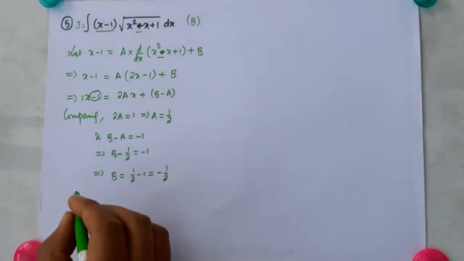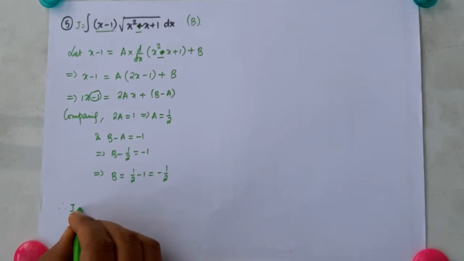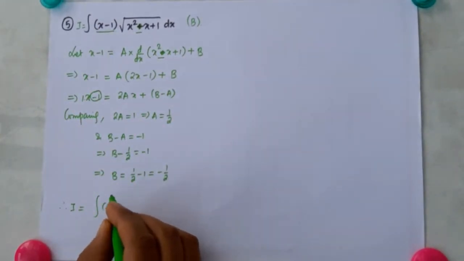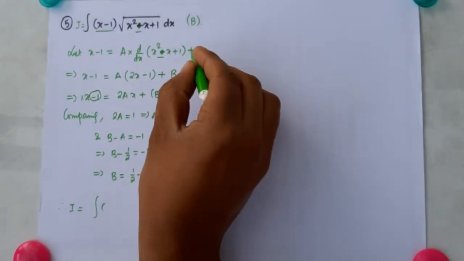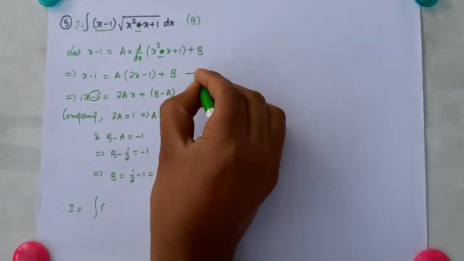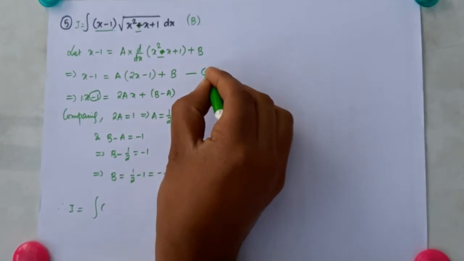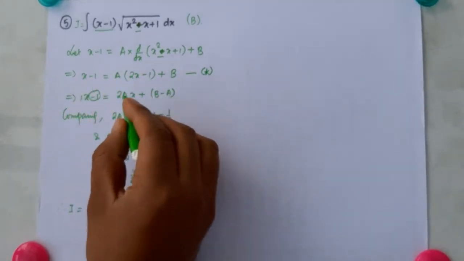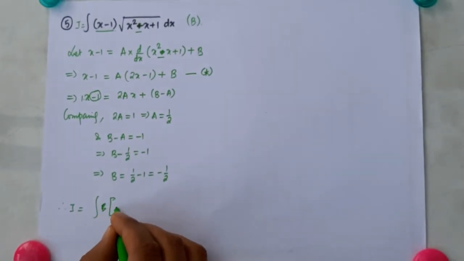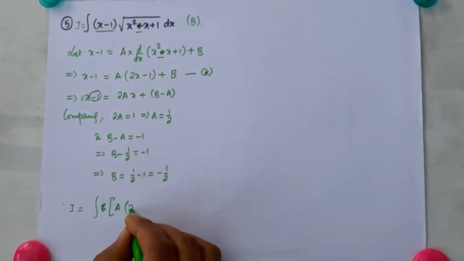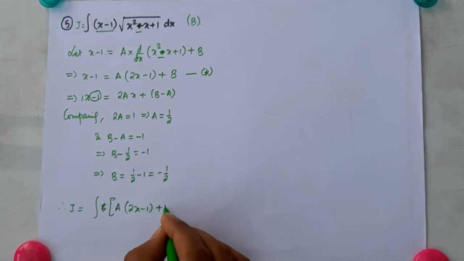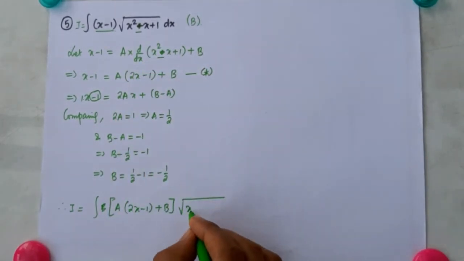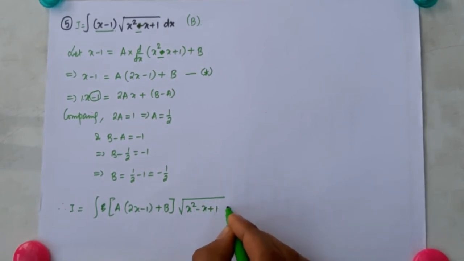Therefore your integral I will become, okay, so this x minus 1 can be written as this, isn't it? See here, you can call this star because this will be useful here. So instead of x minus 1 I'm going to write a into 2x minus 1 plus b, with the square root of x square minus x plus 1 dx.